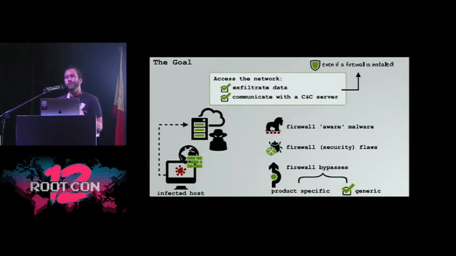Obviously, what you want to be able to do is install some backdoor or execute some commands that will likely generate network traffic. Maybe exfiltrating some user data, perhaps connecting to a command and control server for tasking. Unfortunately, if there is a firewall installed, it will detect this activity and alert the user. So again, we want to figure out ways we can access the network in a way that will not be detected by the firewall, or at least won't generate an alert to the user.